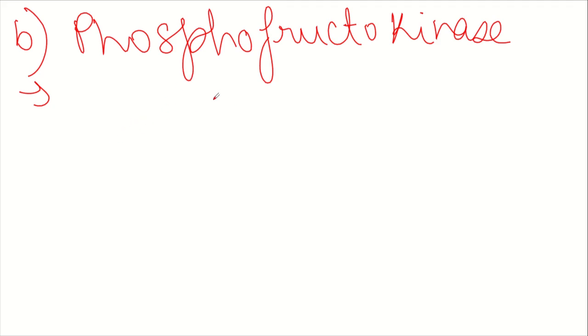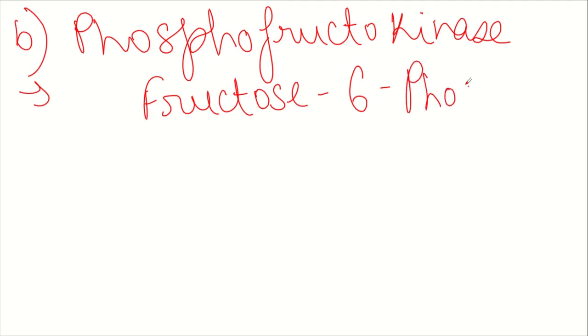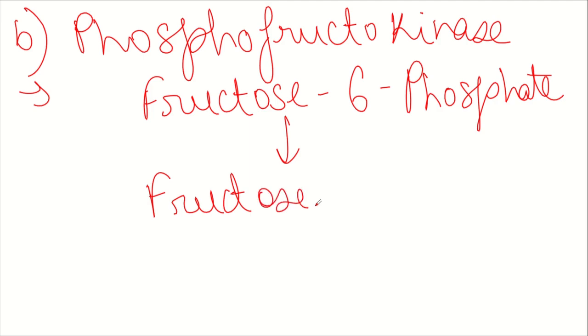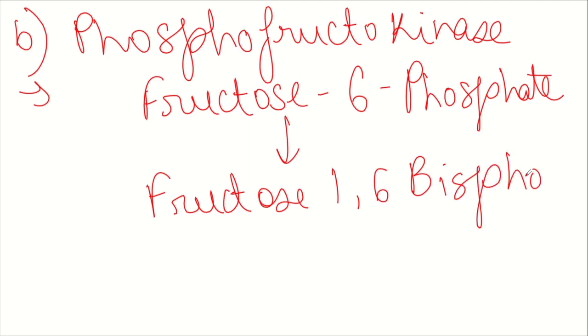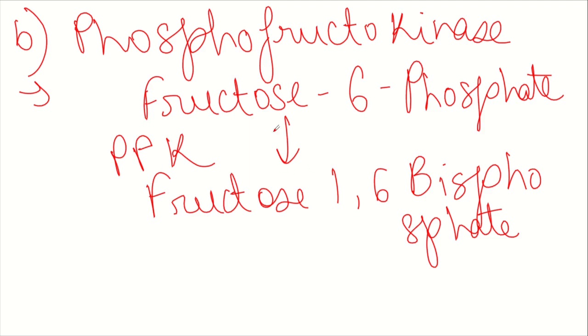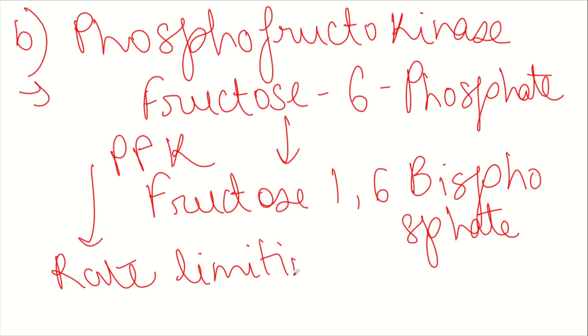This enzyme comes in when fructose 6 phosphate gets converted into fructose 1,6 bisphosphate. PFK does this step, and it is the most important rate limiting step.